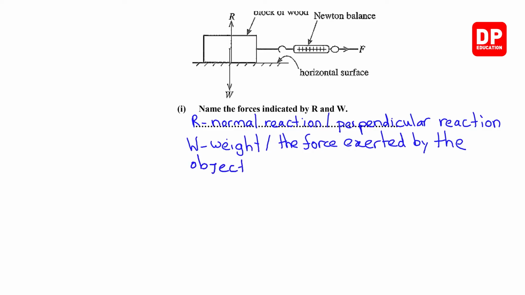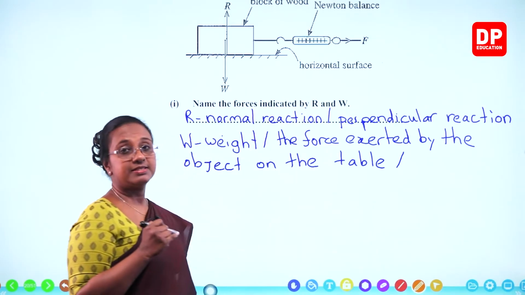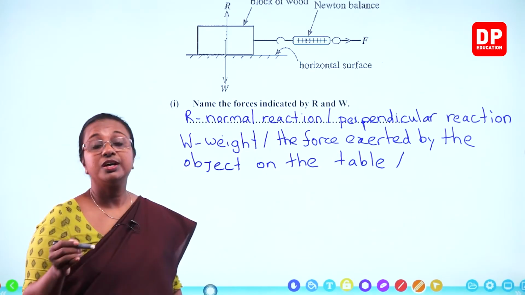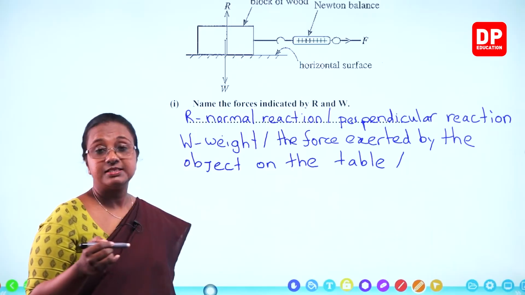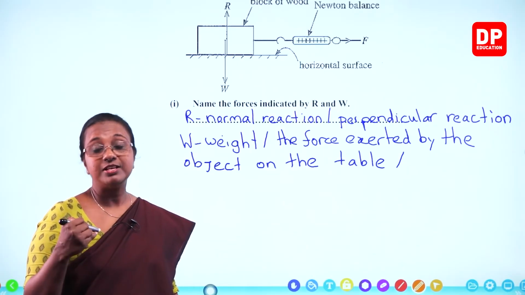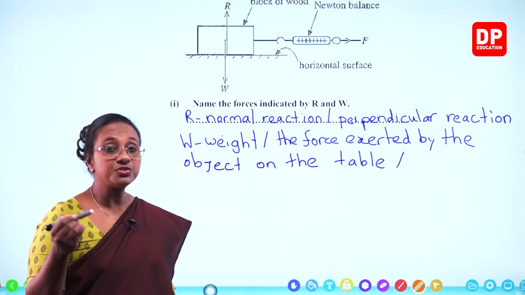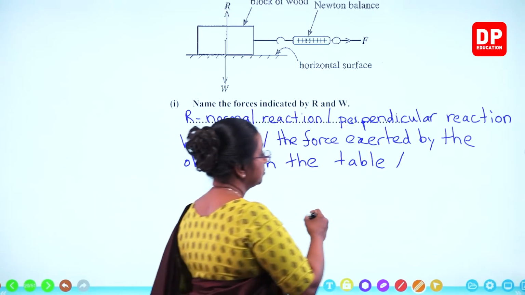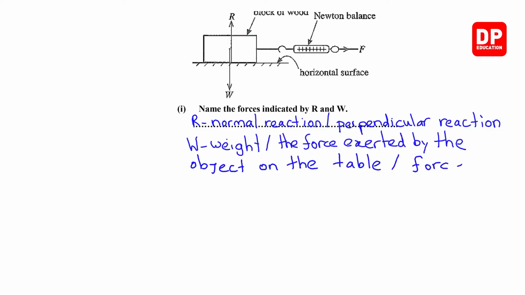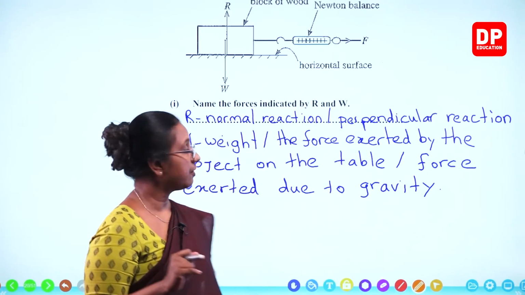Or we can say the force due to gravity, because the weight is the force, mass into gravitational acceleration. So that is the force exerted due to gravity. So you can write one of the three answers.